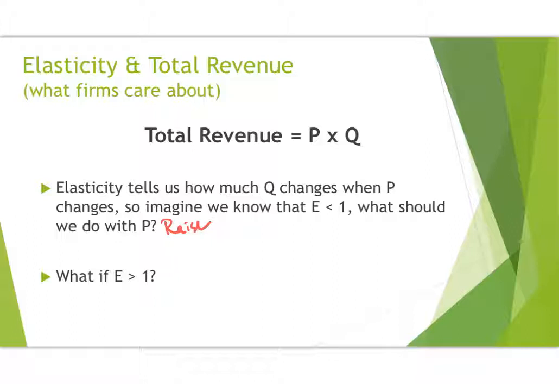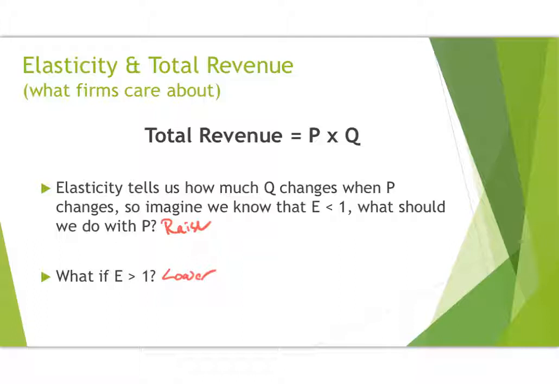Similarly, if our measured elasticity is greater than 1, we know demand is elastic and quantity is highly responsive to changes in price. The hypothetical would be we raise price and lose 90% of our customers. That doesn't sound very good. If we lower price 10%, maybe we gain 90% more customers. So in this case, we want to lower price.